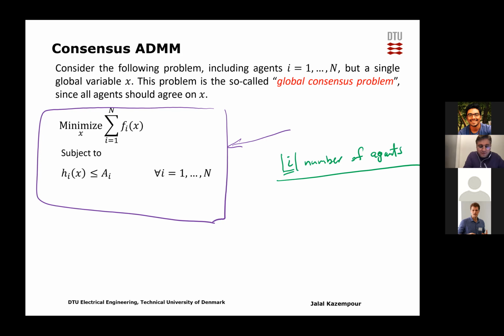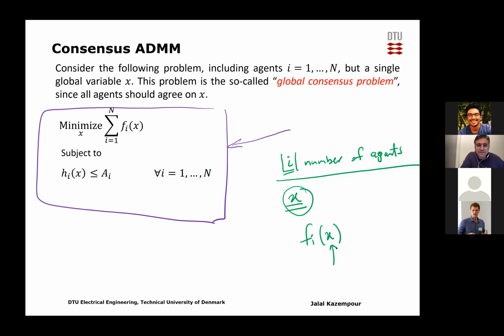So we have multiple agents. Each of them has their own objective function, but the only variable to be determined is a common variable. It's a consensus variable, if you like, and it's x. x doesn't have index i. So all agents have their own objective function, but all as a function of a common variable.